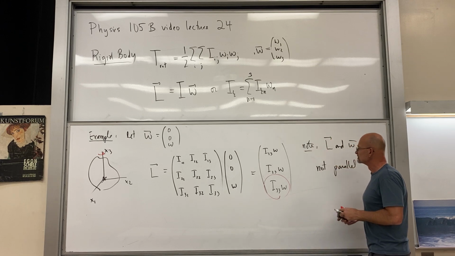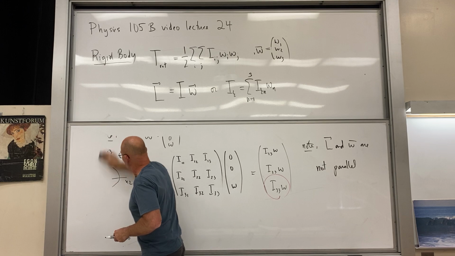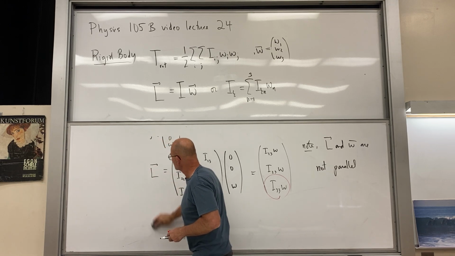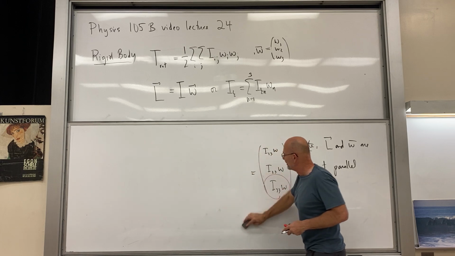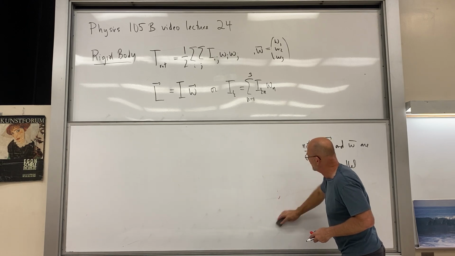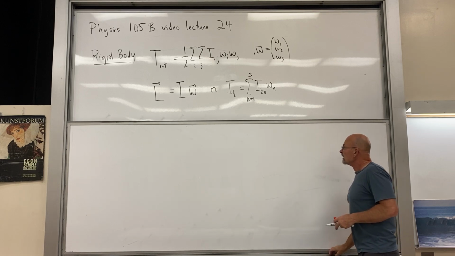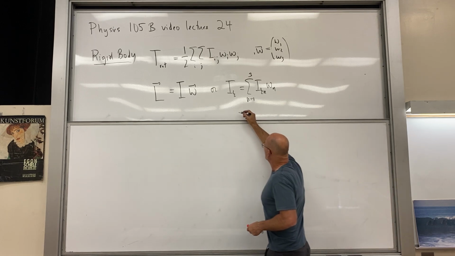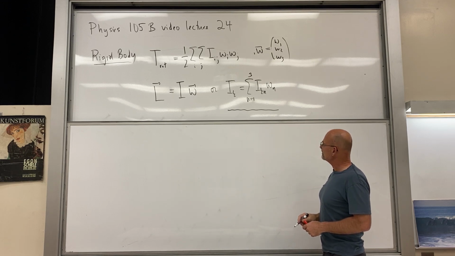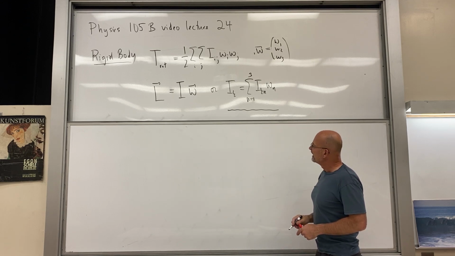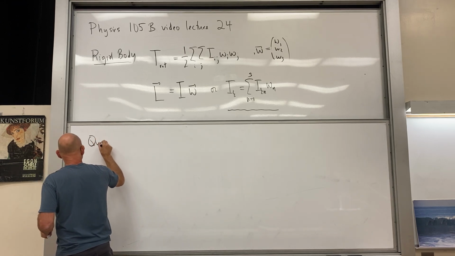Good. So we have this. I'm going to go ahead and erase this part. So we're going to be working with this expression right here on the one hand, and on the other hand, so here's the question, can we find an axis?